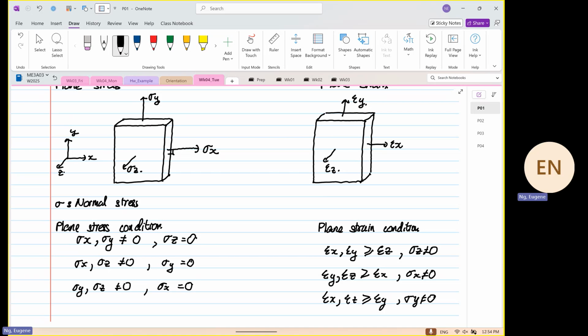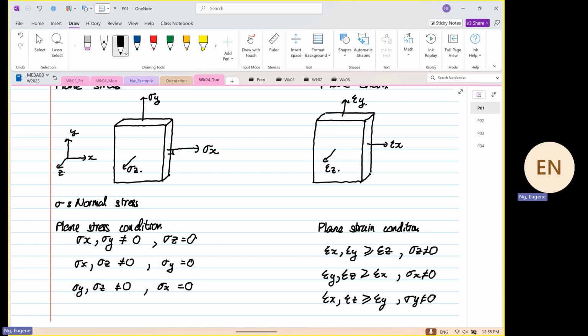What is the stress acting on this wall? You put strain gauges in one direction. So you physically put a strain gauge in one direction.